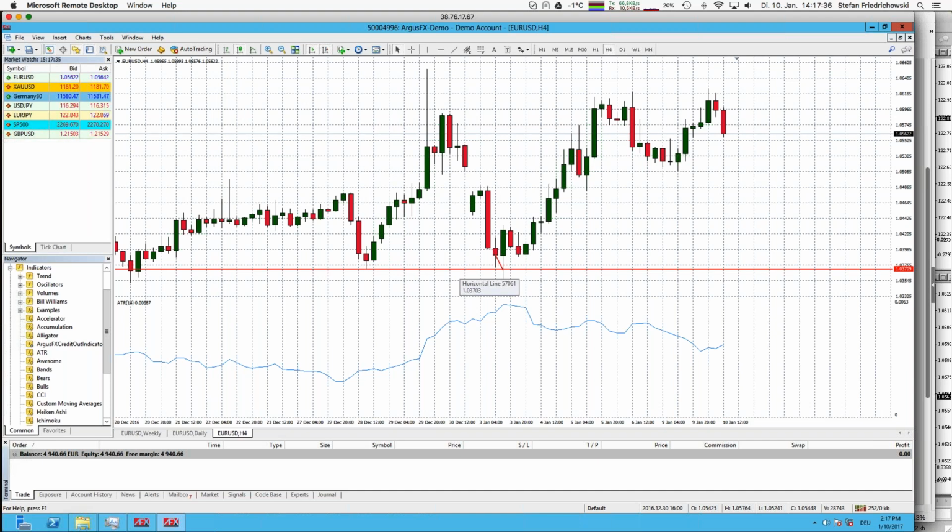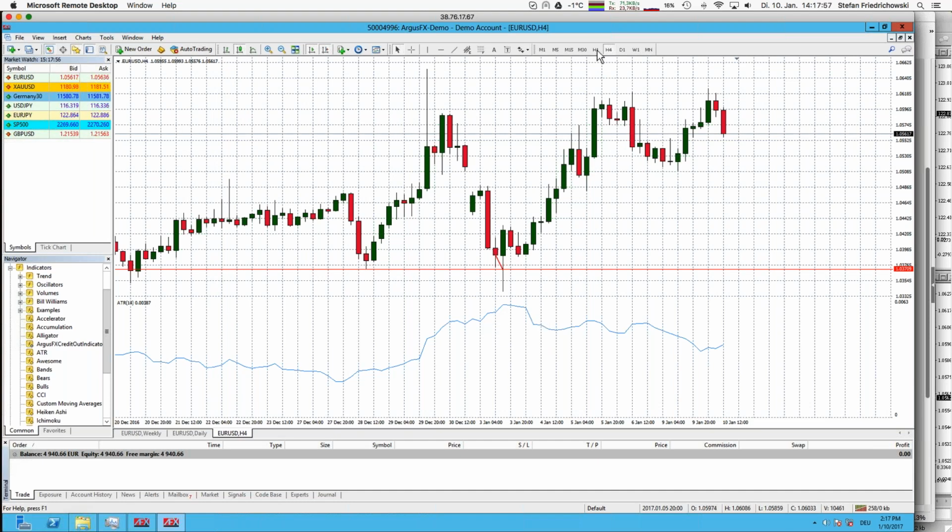So that was a stop loss based on the chart itself. Our trade has reached our stop loss, no question, but the other possibility is always to have a stop loss based on ATR values.